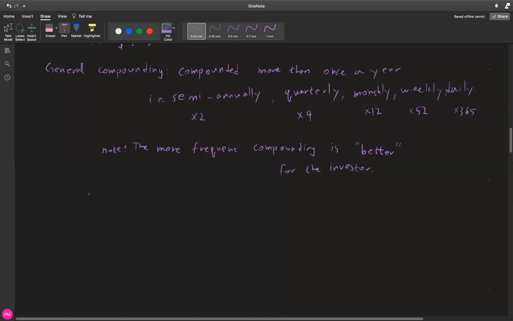And let's look at the formula for the general compounding. It's actually really similar to the annual compounding formula, but in this case, we are going to define a couple different terms.